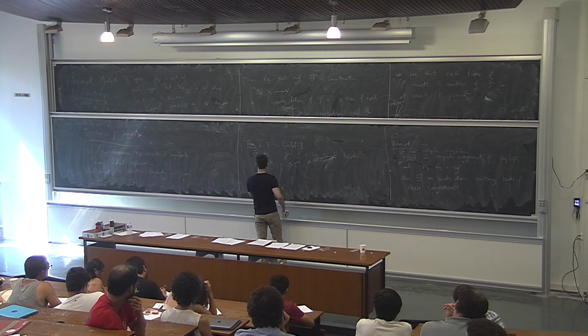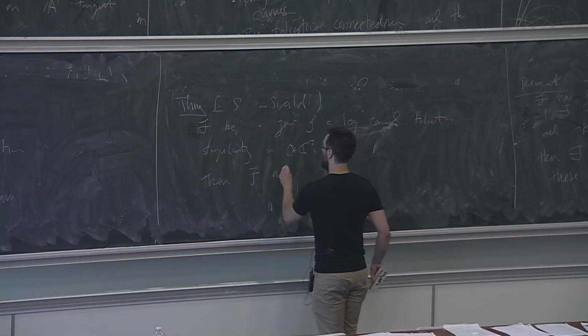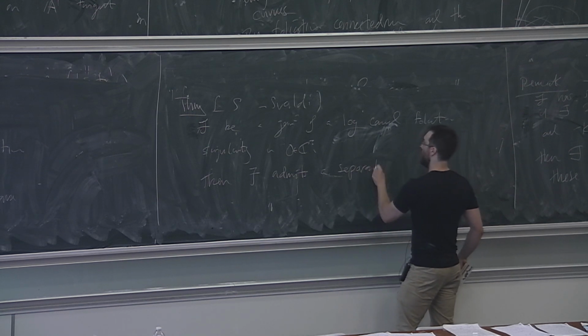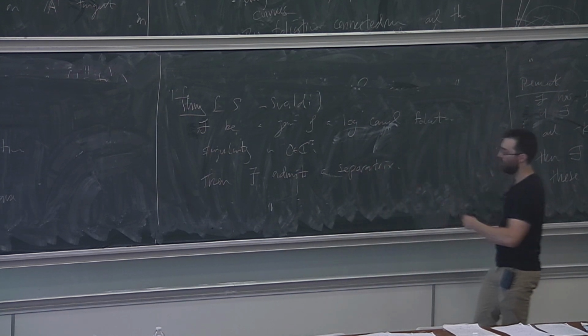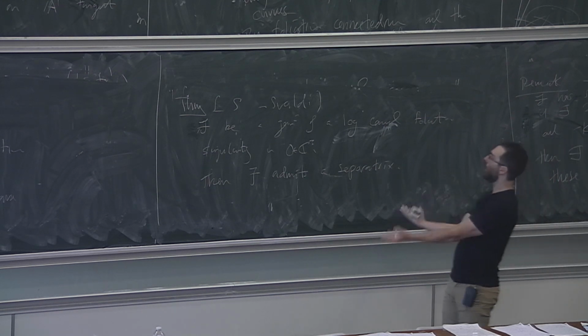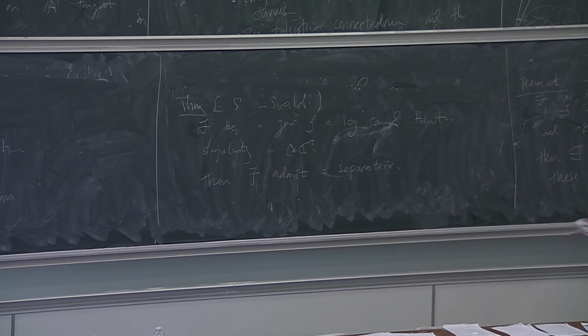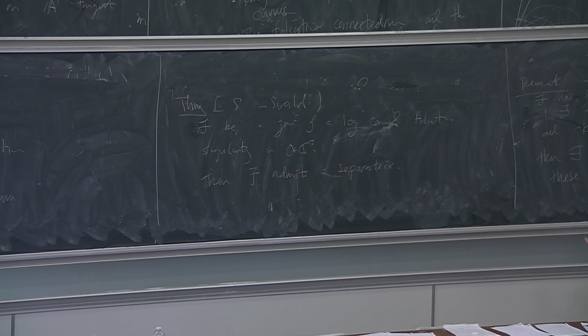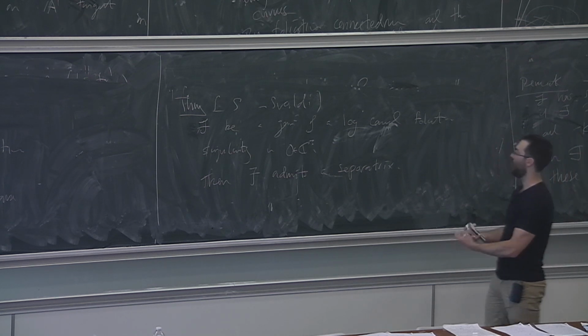Then F admits a separatrix. I think this is a bit of a surprising result, because in general, log canonical foliation singularities are dicritical. But here, we can actually see that somehow there's something nice about them. They're somehow kind of well behaved.